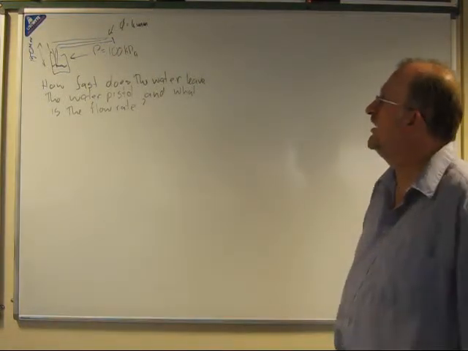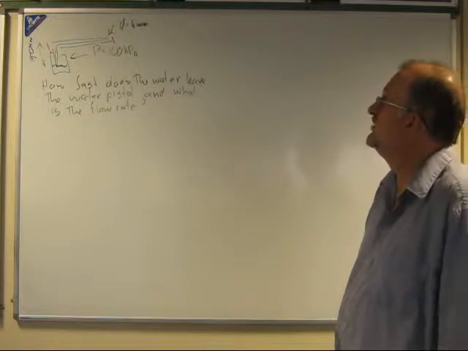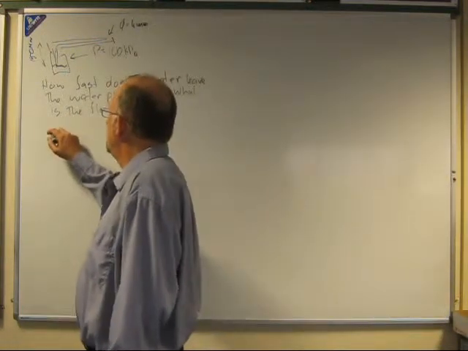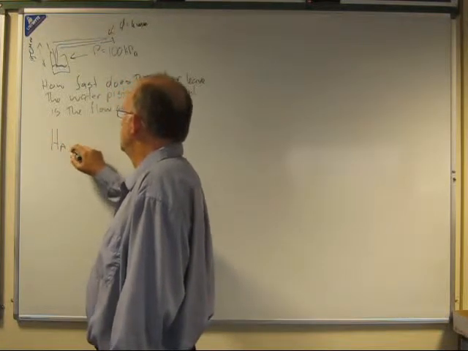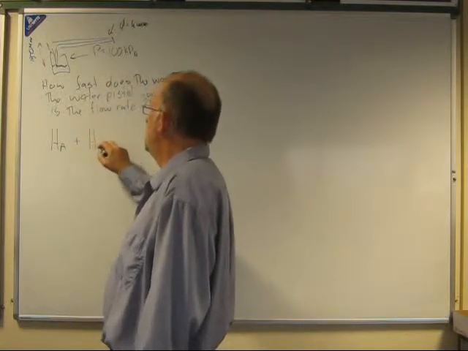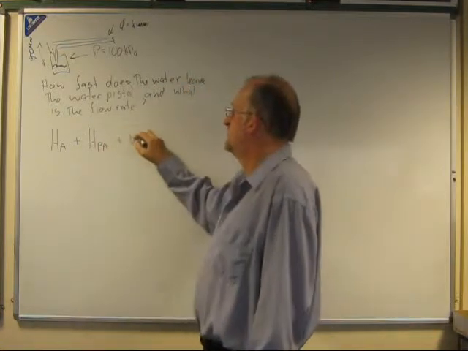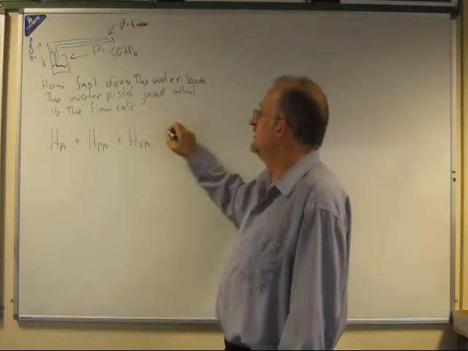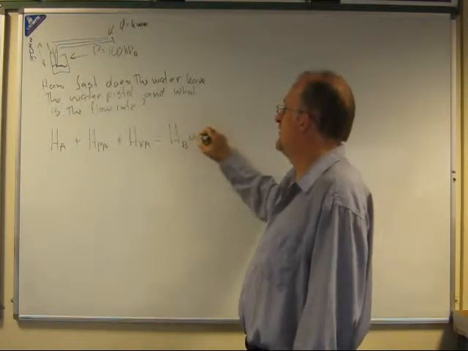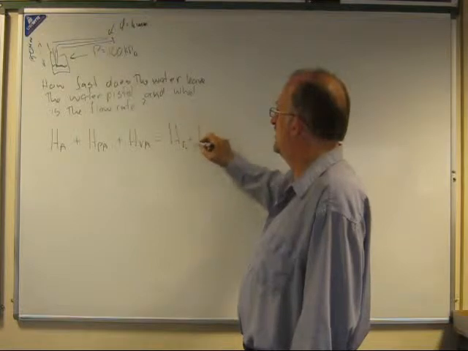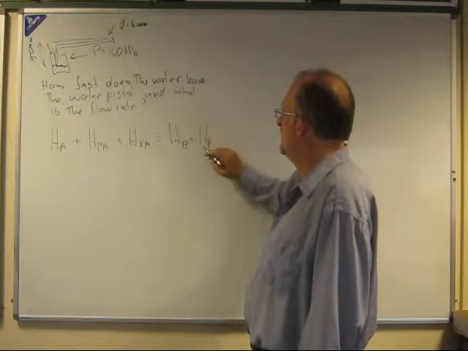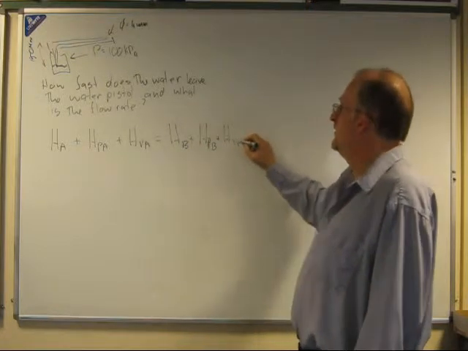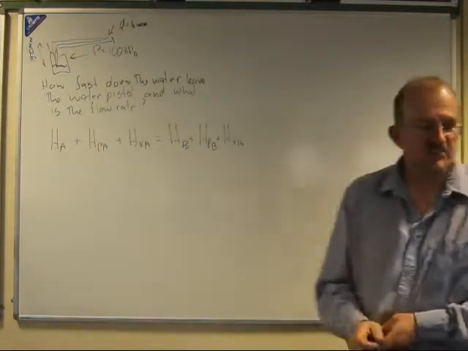So what we're going to use here is Bernoulli's. So basically the head at A plus the pressure head at A plus the velocity head at A equals the head at B plus the pressure head at B plus the velocity head at B. So that's the basic components.